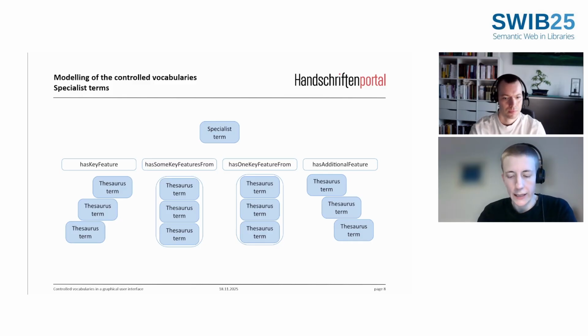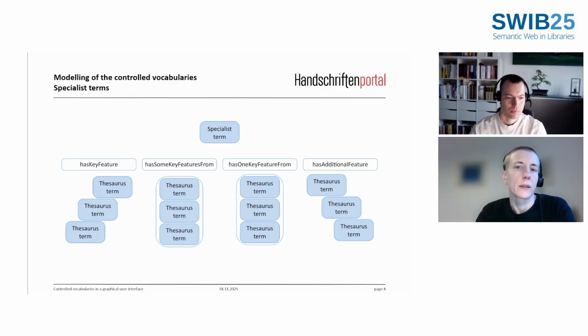Actually, they are modeled in the same way as the thesaurus terms, but in addition to this, they also have relations to other thesaurus terms. And normally, they are accepted terms in the research community. So it's something that the specialist would know and would want to use also in cataloging.